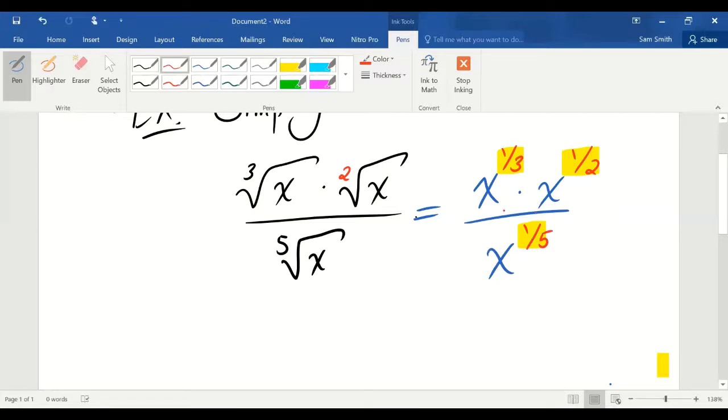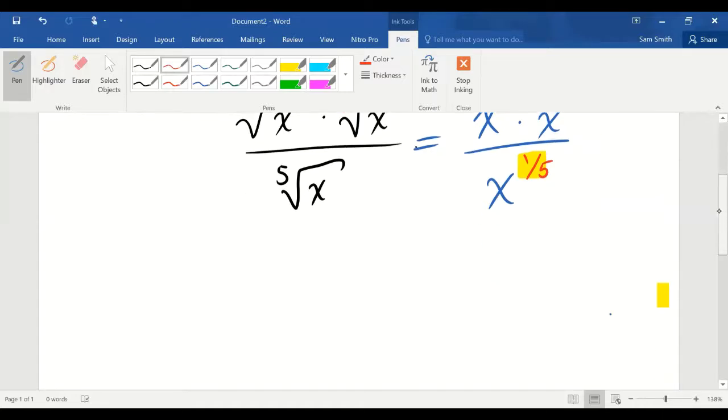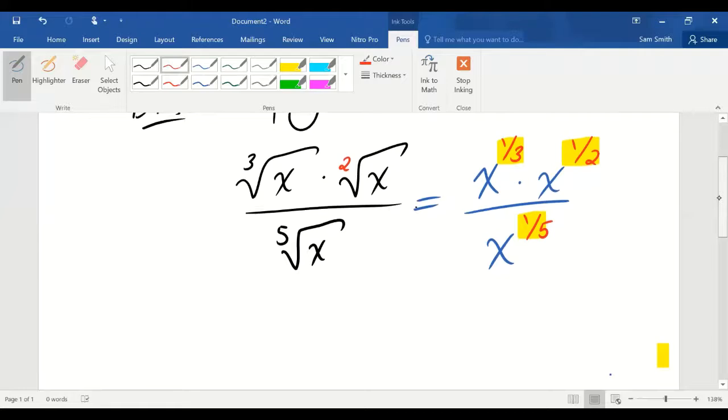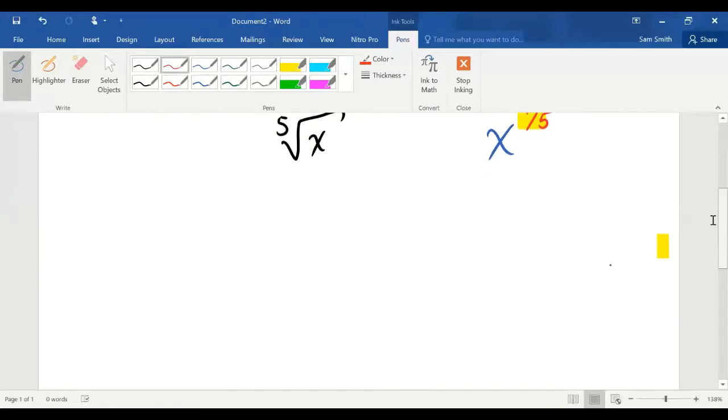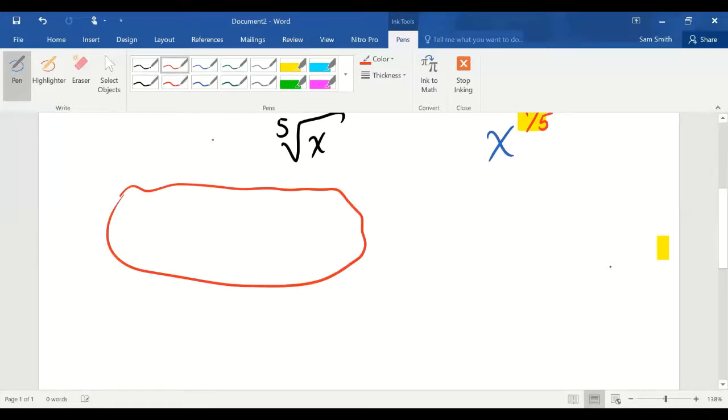Now, this is still fairly complicated, but at least I'm in the position now where I can use some of the exponent rules to help me to clean this up a little bit. For example, here's a nice thought bubble here to the side.